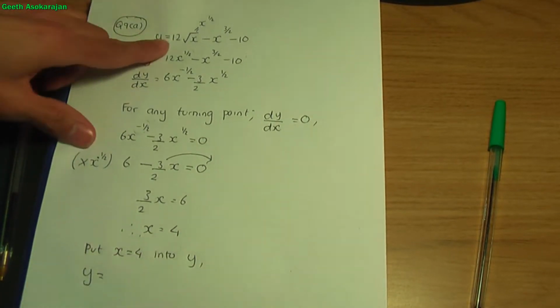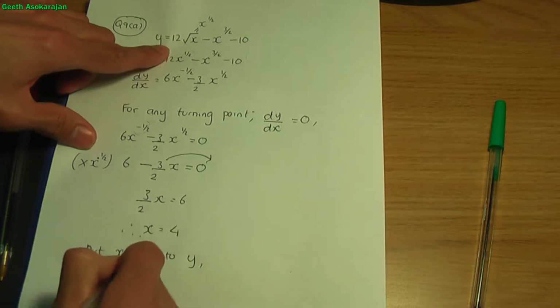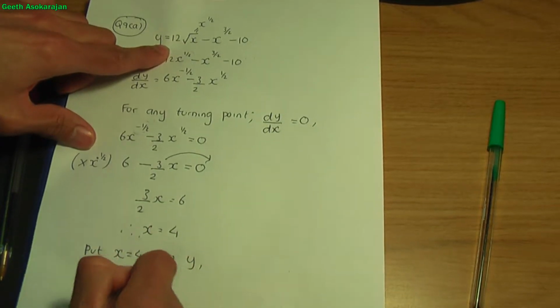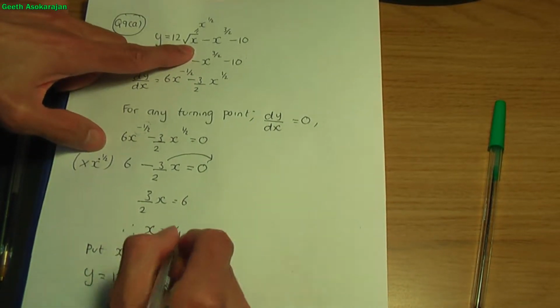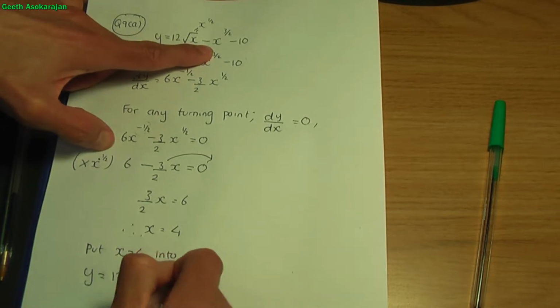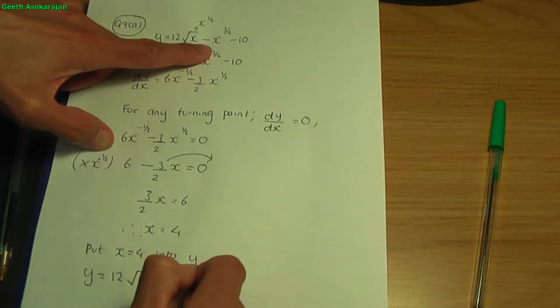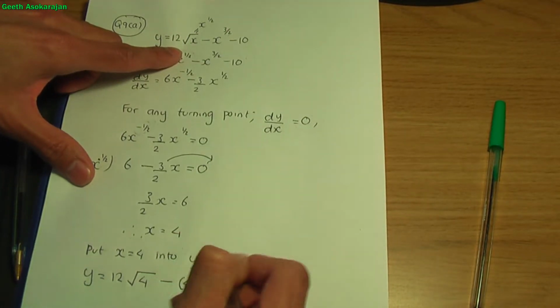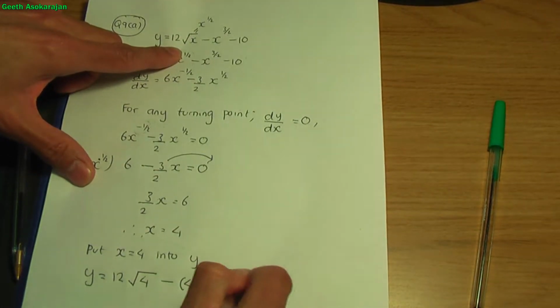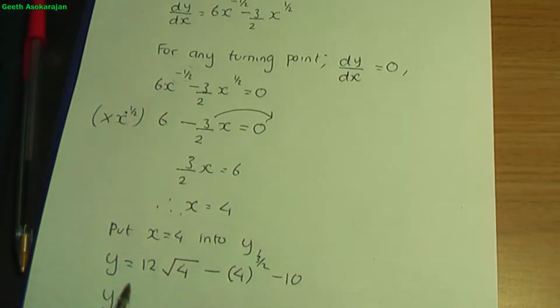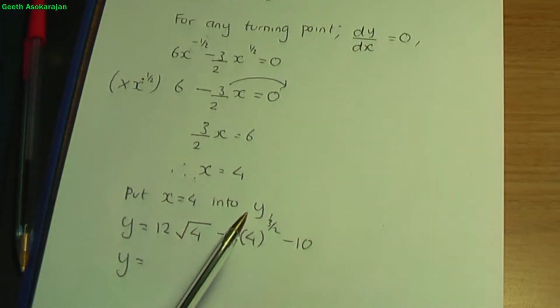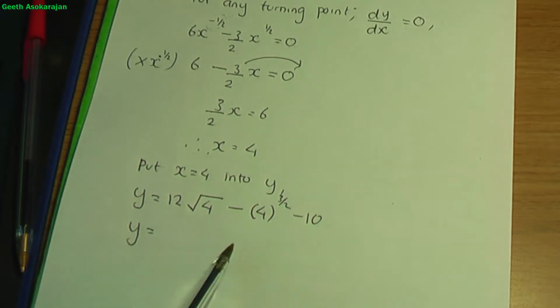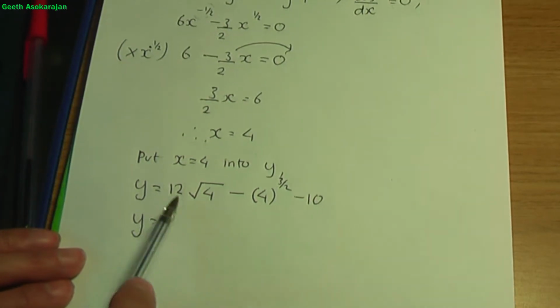So let's do that to give us 12 into the square root x, which is replaced by 4, minus x, which is 4, to the power 3 over 2, minus the 10. So this is what we have for the moment. And if we simplify this, so let's do the calculation.